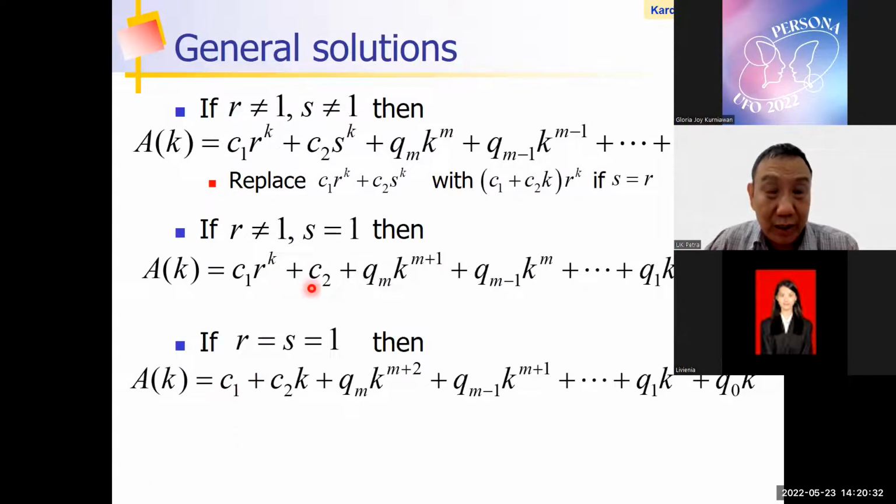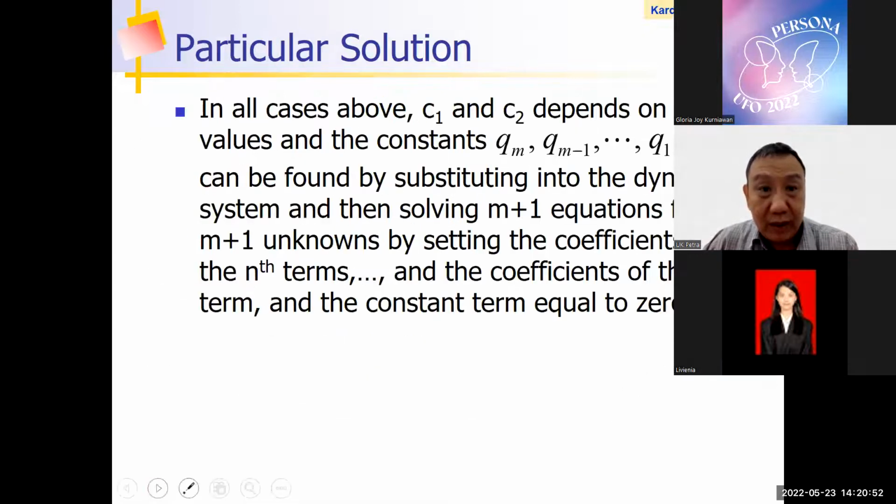Then the solution depends on the values of r and s, whether it equals 1 or not. So these are the solutions. I just write here the general solution, just in case you face this problem, so you know how to solve it.